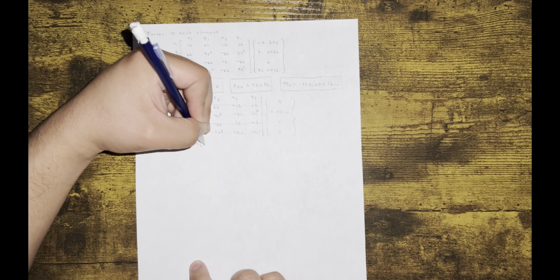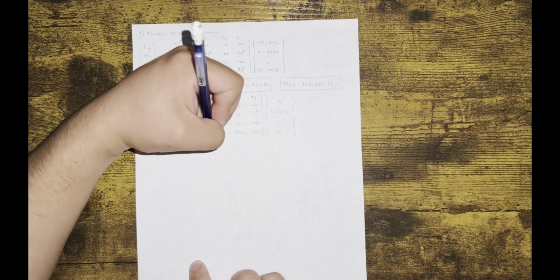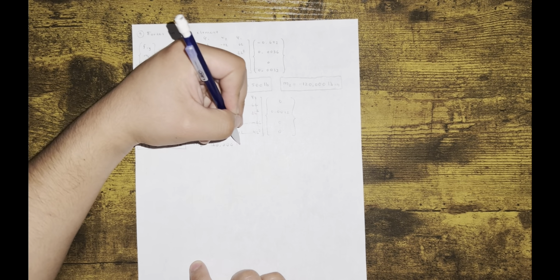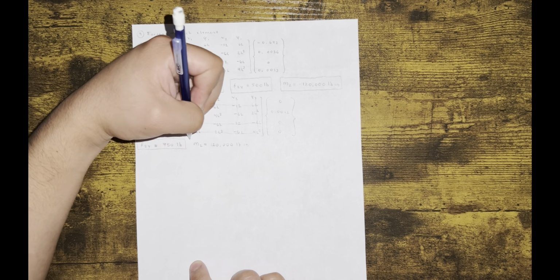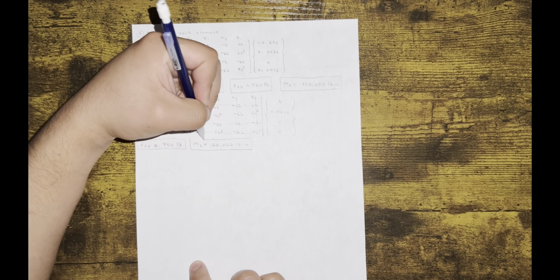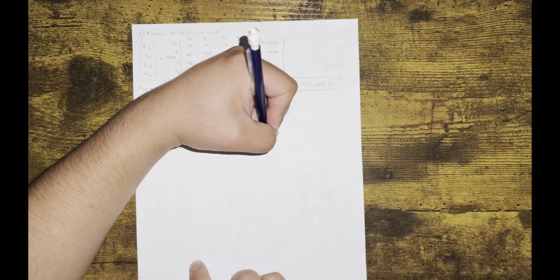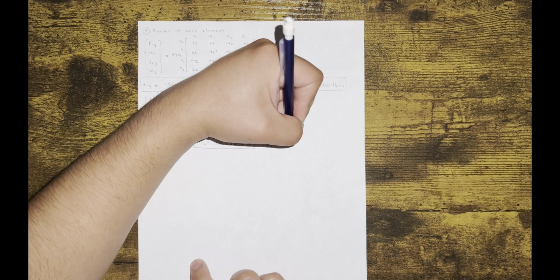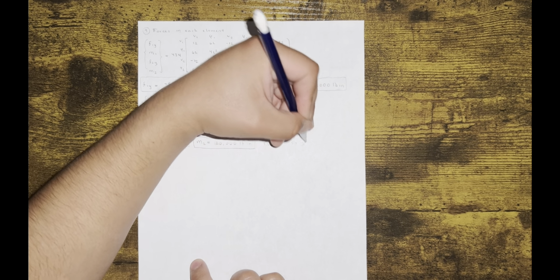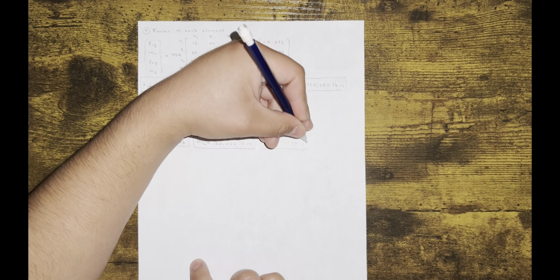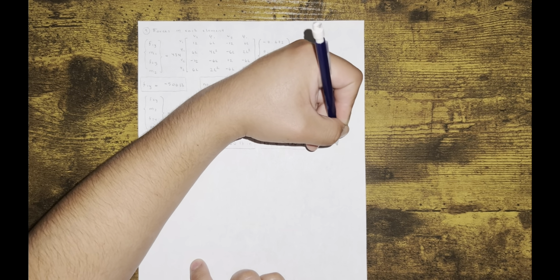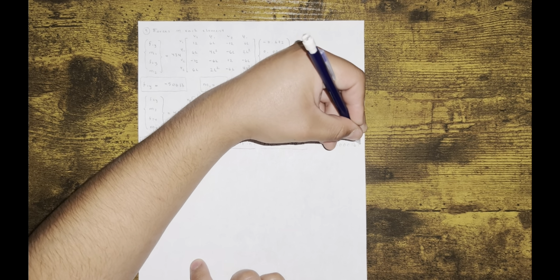M2 is 120,000 pound-inch. And again, these numbers have been verified, so just take my word for it. F3y is negative 750 pounds. And then M3 is equal to 60,000 pound-inch.